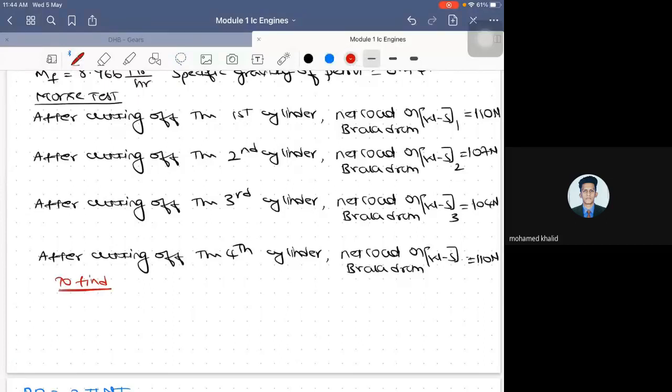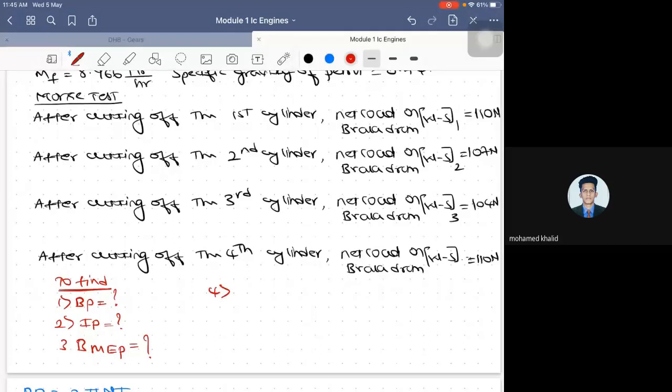Okay, what we need to find in this particular problem? The first one is the brake power. Second, we need to find what is indicated power. Third, brake mean effective pressure.